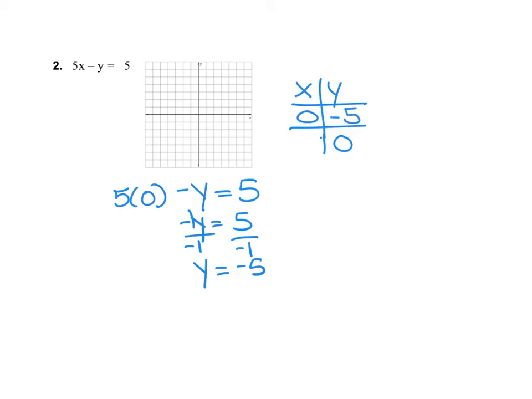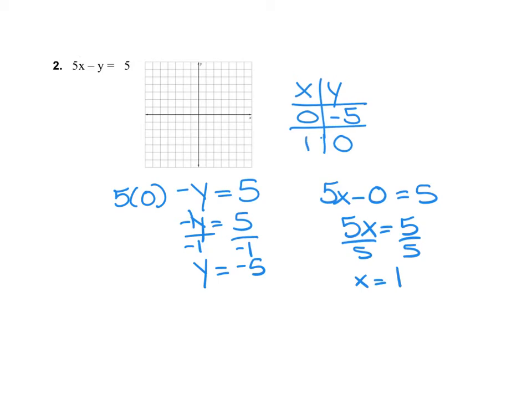There's our y-intercept. Now let's find our x-intercept by plugging in 0 for the y. So I will take then 5x minus now 0 is equal to 5. So I'll have 5x is equal to 5. And we'll divide by 5, and x will then be equal to then 1.